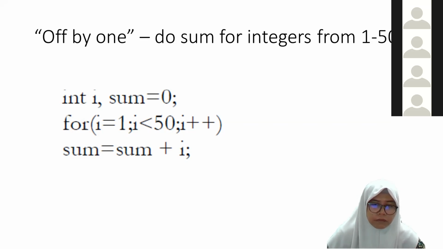And also please be careful with i++ or ++i. In most cases it doesn't make any difference, but for while loops and do-while loops, you need to be careful with where you put your increment and your decrement.